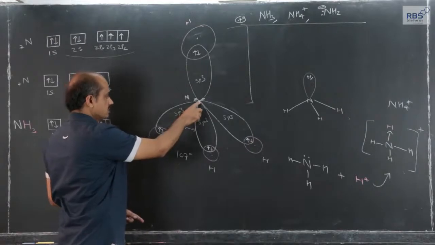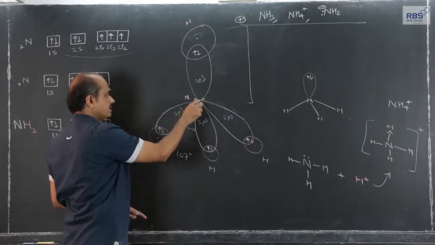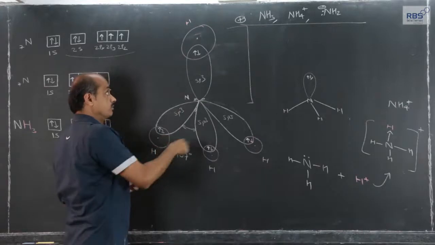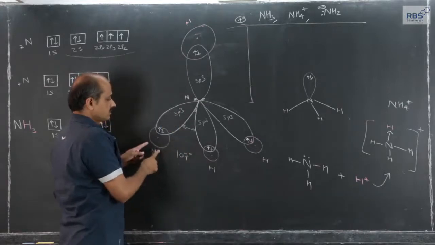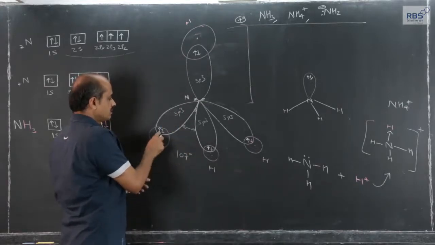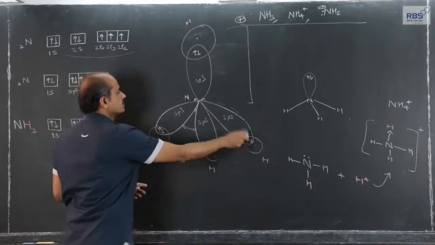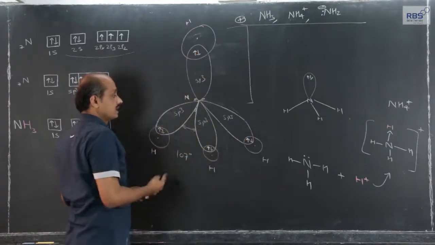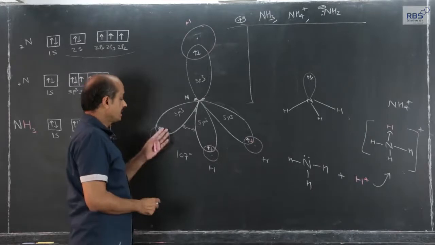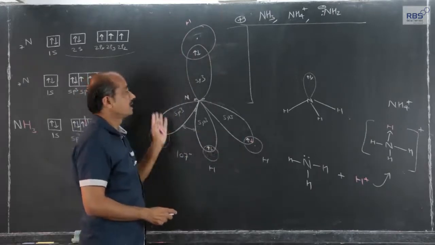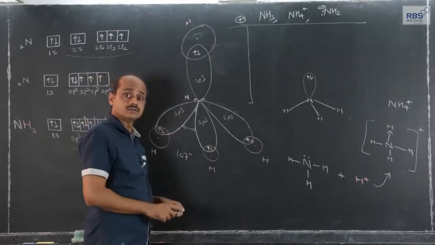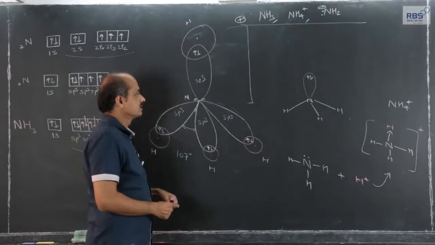Now there are 4 sp3 hybrid orbitals around nitrogen in ammonium ion, but the new thing is that all 4 electron pairs are shared pairs, and all 4 are identical bond pairs.